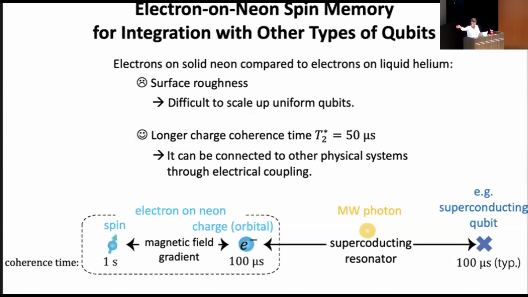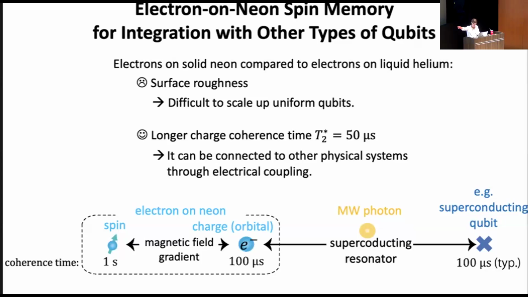So the disadvantage of solid neon is that due to the surface roughness, it is challenging to prepare uniform qubits for a quantum computer. The advantage of the electron on solid neon is their long charge coherence time. So we can make use of this long charge coherence time. Having a long charge coherence time, we can have electrical coupling with other physical systems.